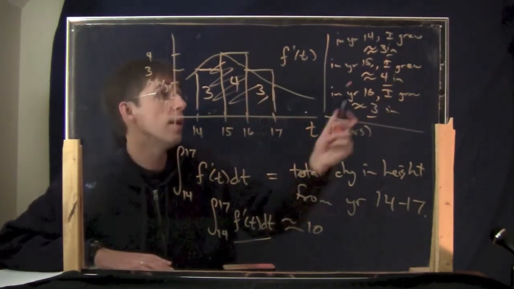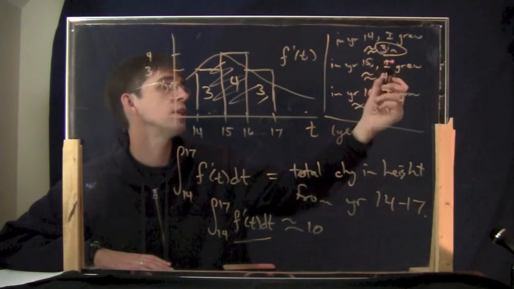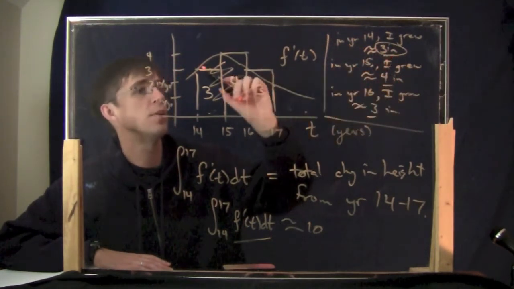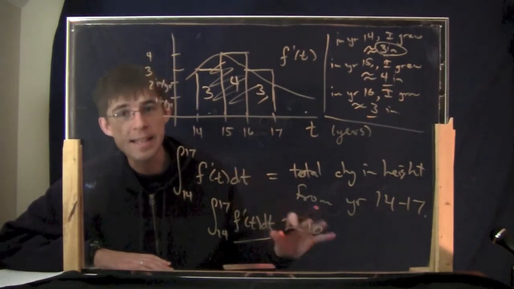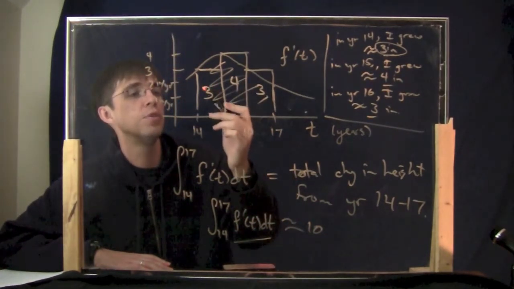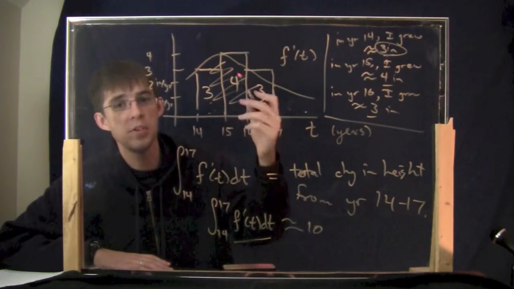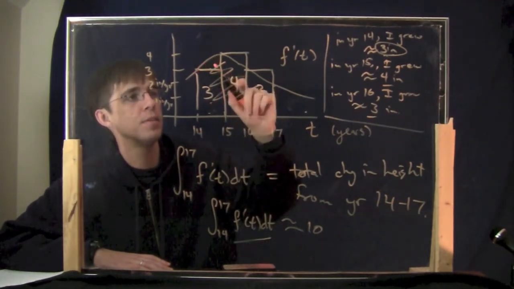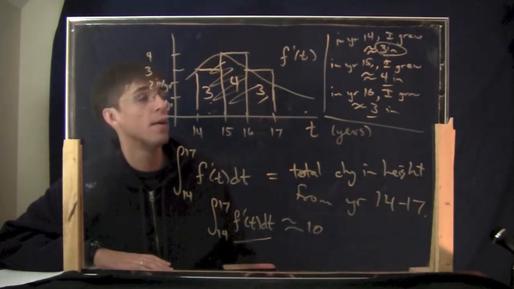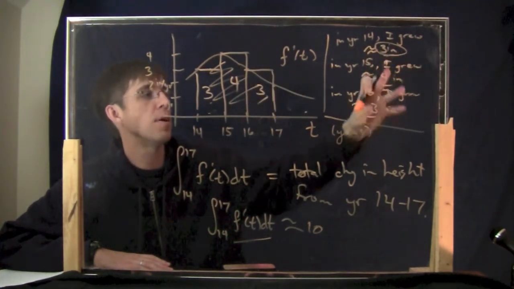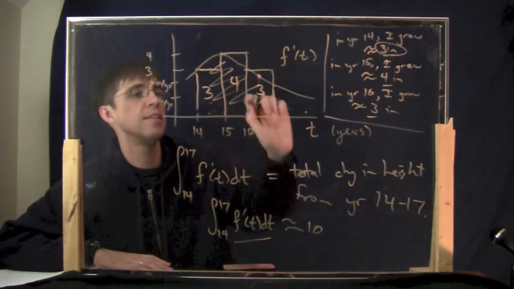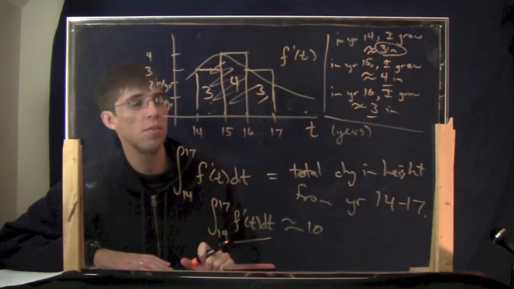And remember, even when I said this 3 is only an approximation, in reality the value is slightly greater because of this increase. That's exactly the same as saying this rectangle is only an approximation to the area. In reality, the actual area is slightly greater because of this business when it goes up here. The fact that this is an approximation of the total change is exactly the same approximation that this is for the actual area under the curve.